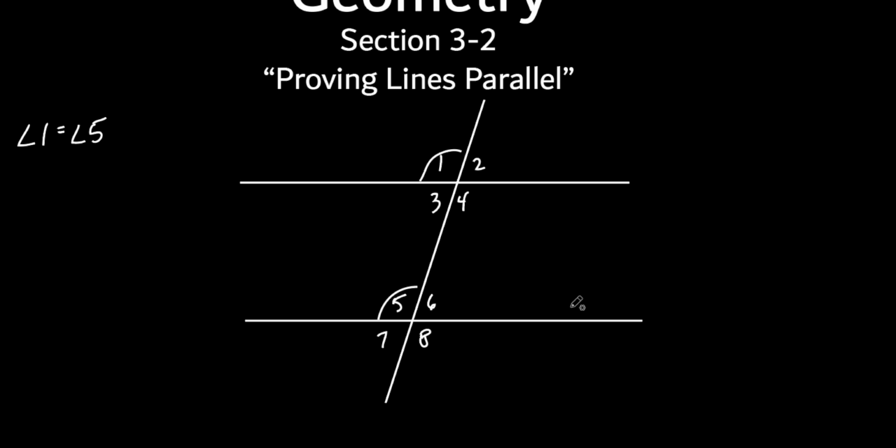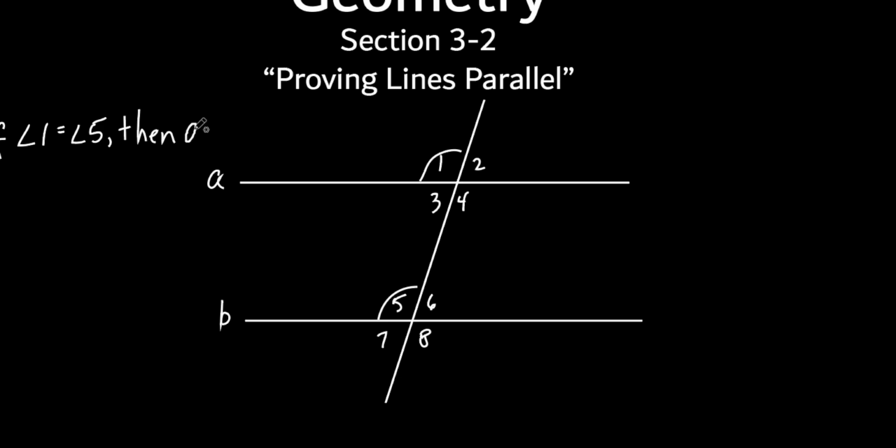So it's kind of the same thing as the last lesson, except the question's a little different. This time, they don't tell you that the lines are parallel, and then you got to figure out if 1 and 5 are equal to each other. This time, they tell you that 1 and 5 are equal to each other, and that tells you what? We'll call this line A and B. So if this is true, then what must be true? Give me the actual lines.